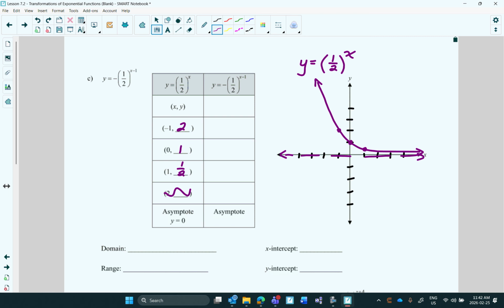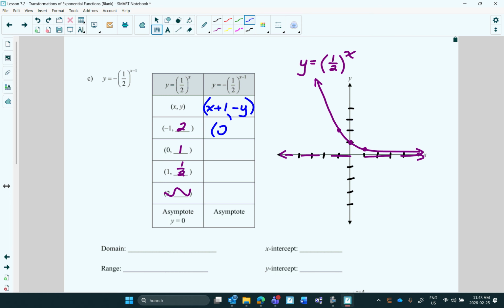You could flip them and shift them each one. It would still work. Okay? This one I'm going to do mapping notation. What would the formula look like? Negative x? X minus 1? X plus 1. Remember, I'm moving it to the right, so it's x plus 1 and negative 1. Good.